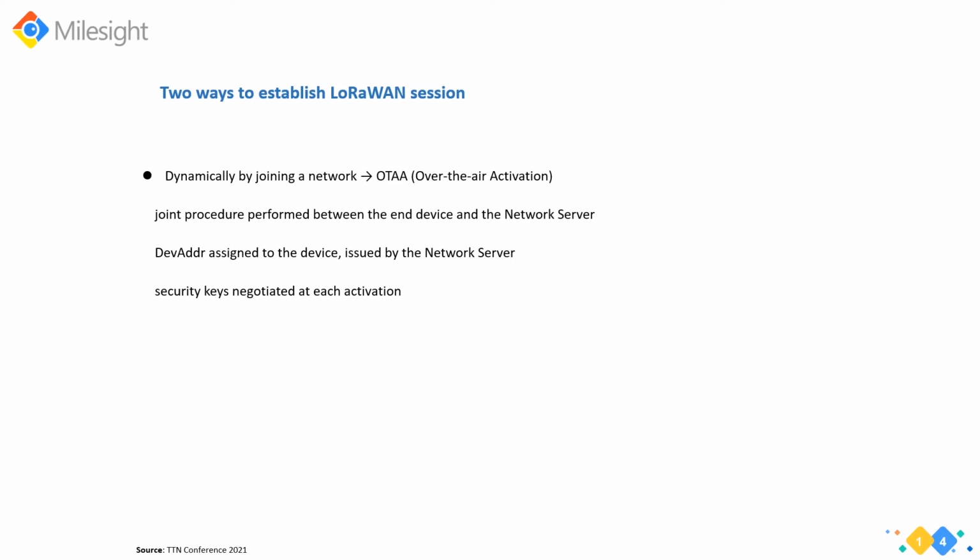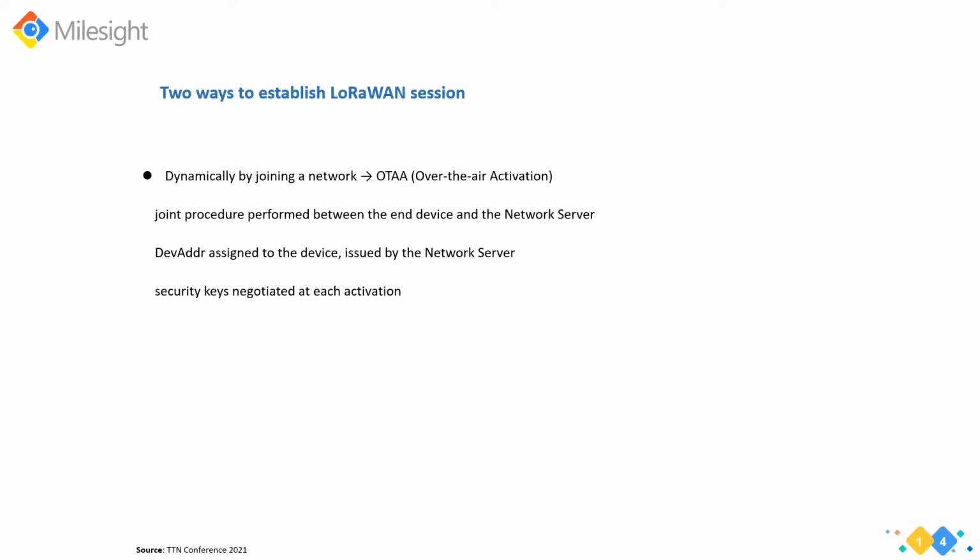If it's a dynamic join, every time the end device needs to send a join request, then we call it over-the-air activation, or OTAA. For example, suppose an end device is not in a network yet. It should send a join request asking to join online, and any network server can respond to that end device.